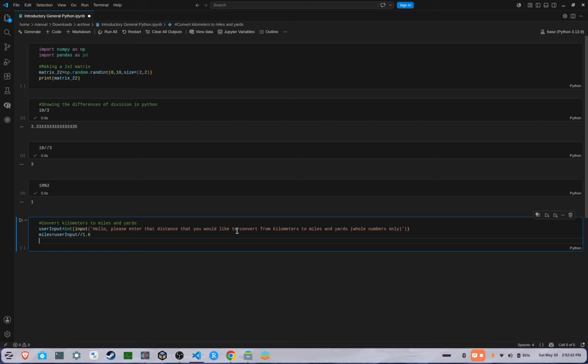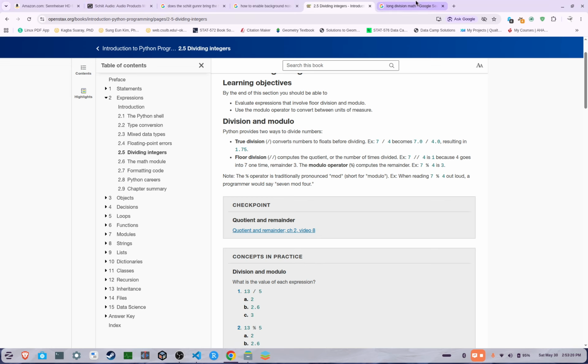And then to get yards, this one's going to be a bit tougher to think about. So we need the remainder of, we need to convert kilometers to yards. Well, we can say that 1 meter is roughly a yard, 1.33 or something like that. I don't know that number.